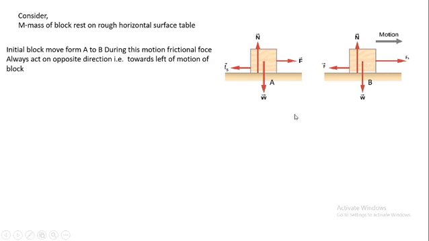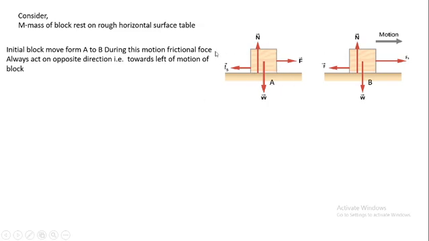At the same time a frictional force is acting, but in exactly the opposite direction, as when you are driving a car or any vehicle, the friction is opposite to your motion. So here is the frictional force, which acts exactly opposite to the direction of motion of the block. The applied force is towards the right.